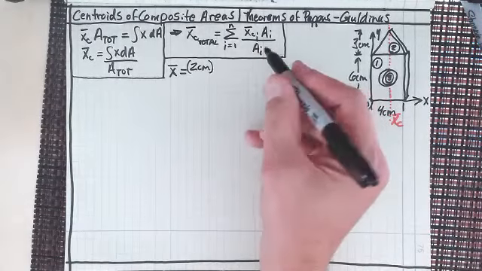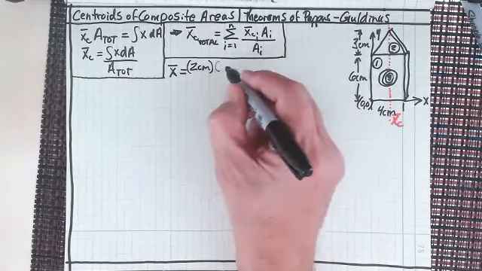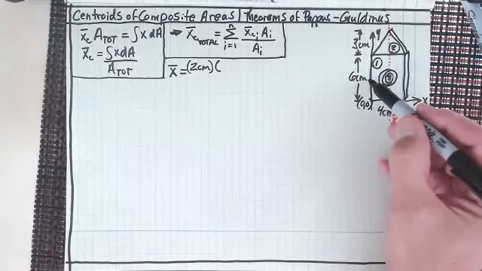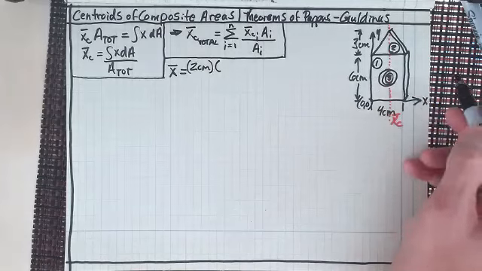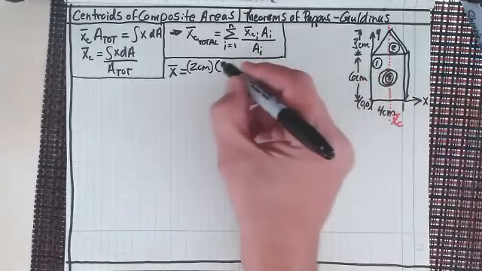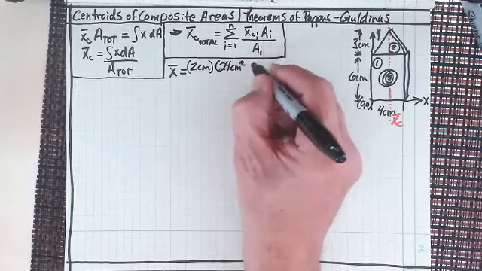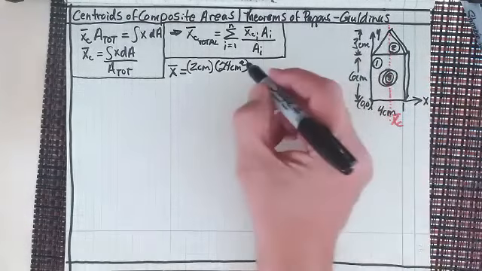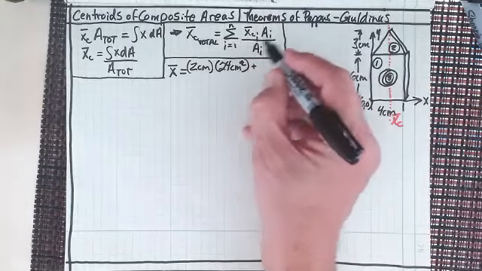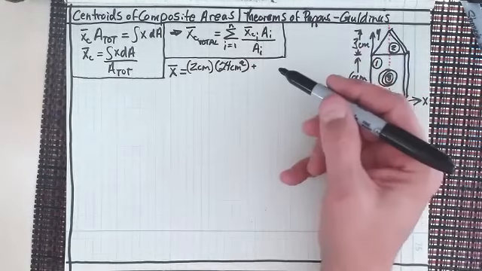So 2 centimeters in the X direction times the cross-sectional area for the rectangle, which would be 24 square centimeters. All right, now let's add the next one because we're supposed to sum all of these up, right?